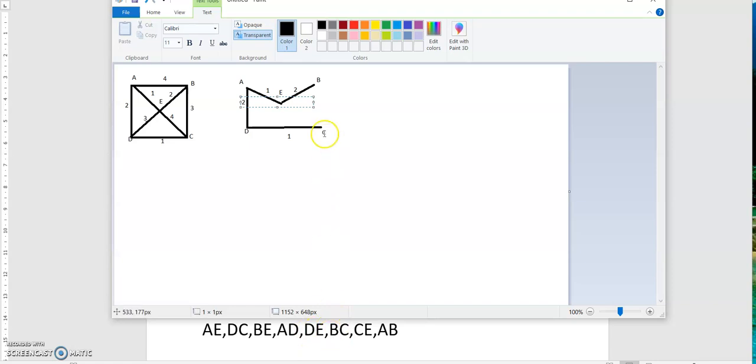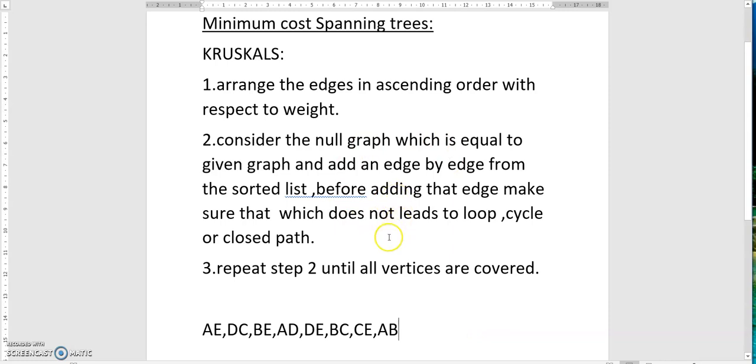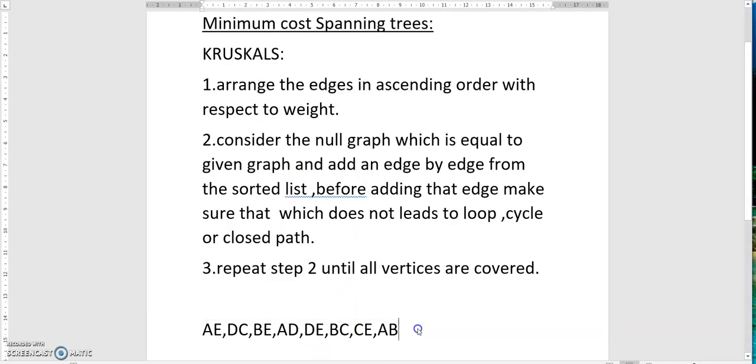Next DE. If DE is joined, it leads to a closed path. So here we have the constraint that it must not lead to a loop, cycle or closed path. So we need to cancel DE.